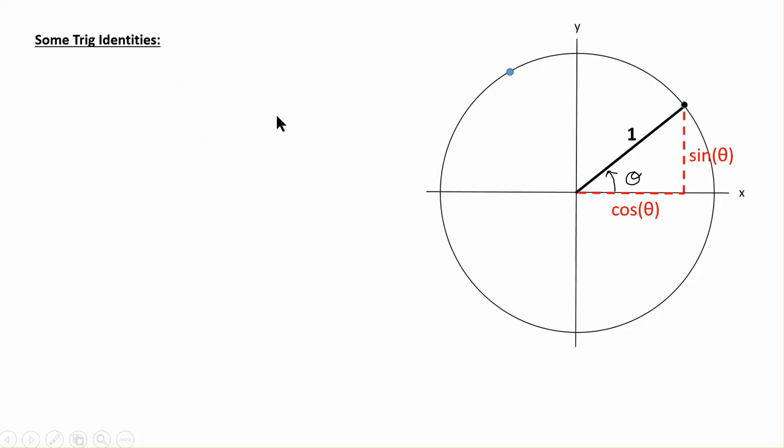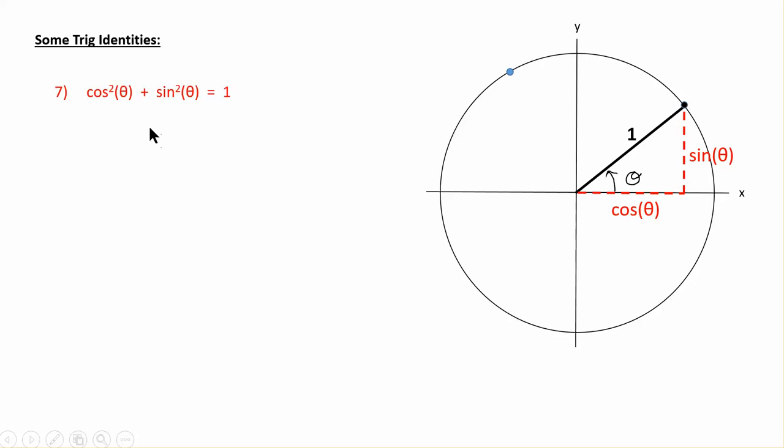One last trig identity, which is easy to remember, is the following. Look at our unit circle here. Angle theta. The length of this side is cosine of theta. The length of this side is sine of theta. Pythagorean theorem tells us that the length of this side squared plus the length of this side squared must equal the hypotenuse squared.